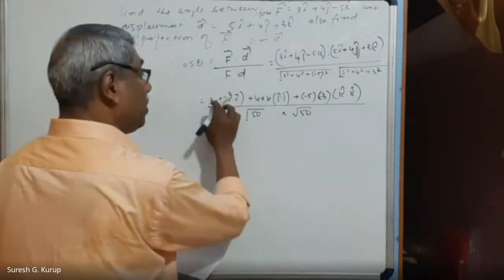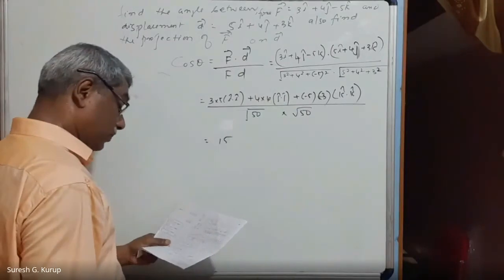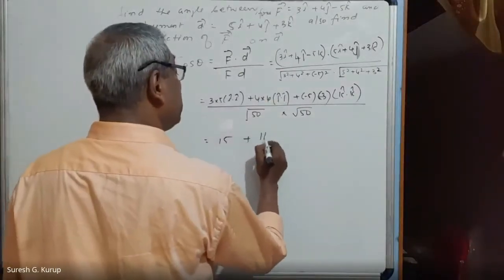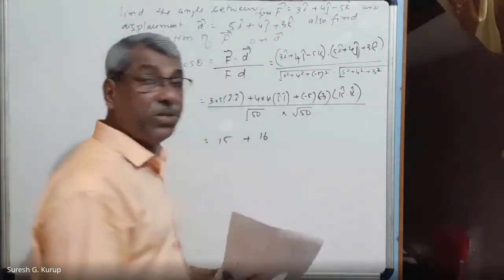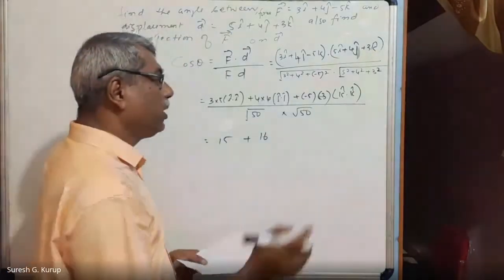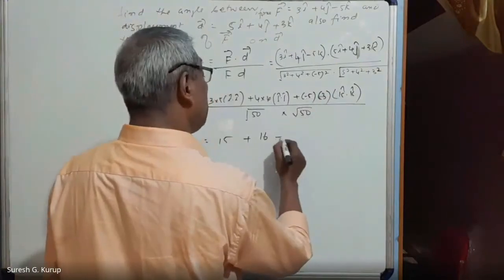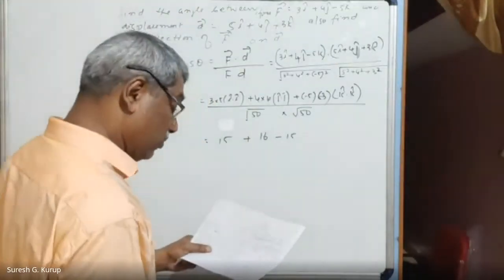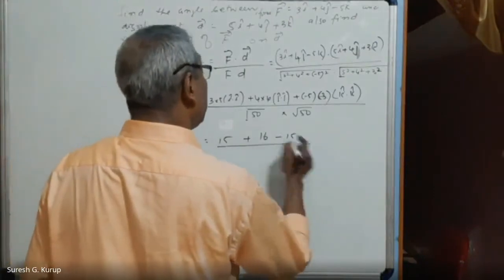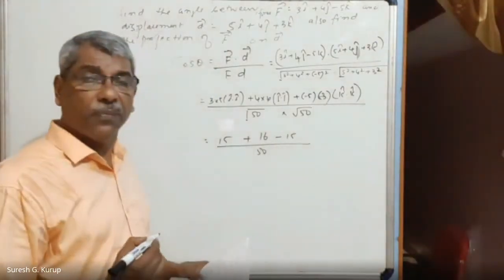What is this? 3 into 5 into i dot i is simply 15. This is plus 16, because j dot j is equal to 1 into cos 0, that is equal to 1 only. Then this is minus 5 into 3, that is minus 15. The whole divided by root 50 into root 50 is simply 50.